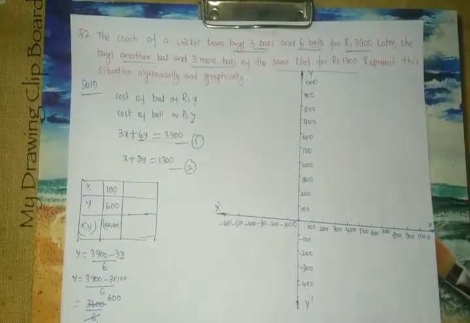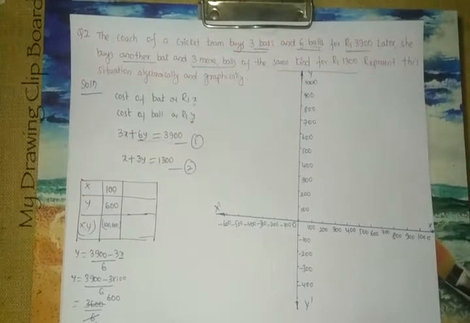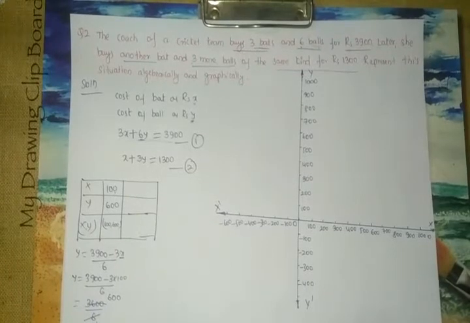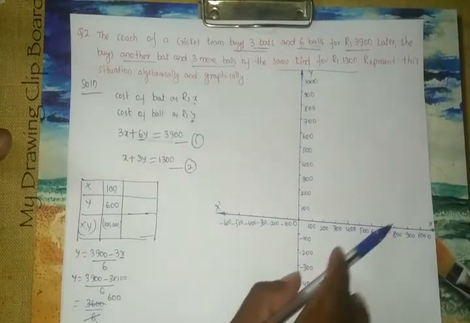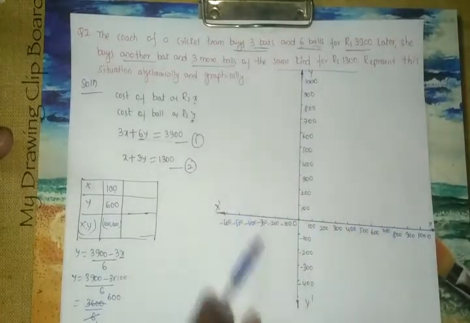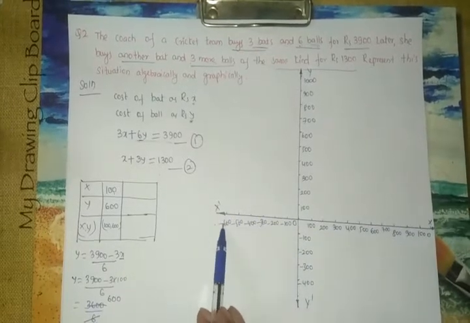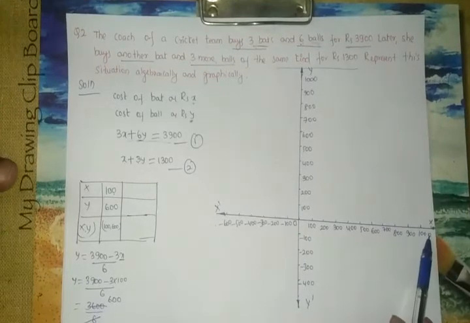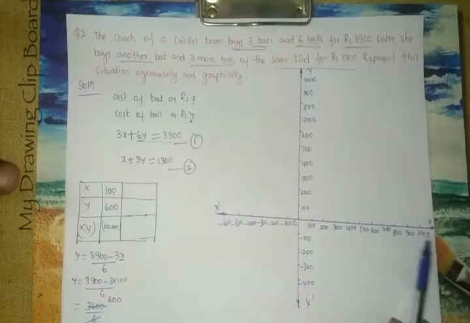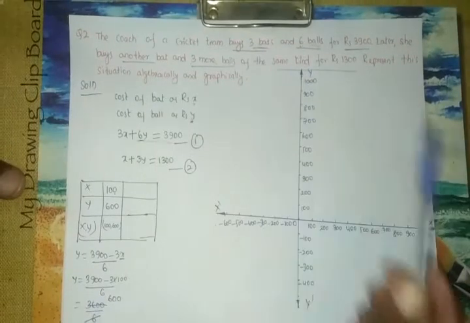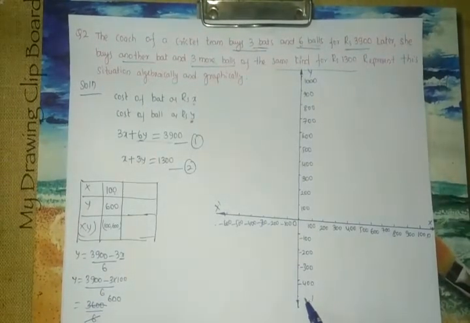Now one more point I need to get a straight line. Randomly you can take any value of x. My main intention is I should get a straight line within this area, whatever I have set as my limits, that is minus 600 on the negative x-axis and positive 1000 on the x-axis, positive 1000 on the y-axis, and negative 400 on the negative y-axis.